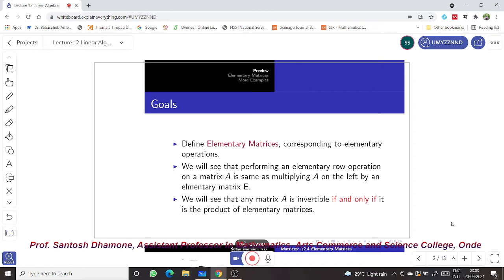In this lecture, we first preview some definitions. Define elementary matrices corresponding to elementary operations.